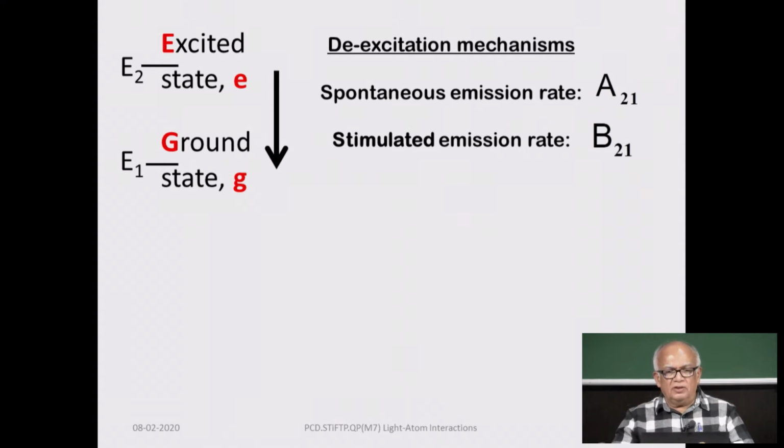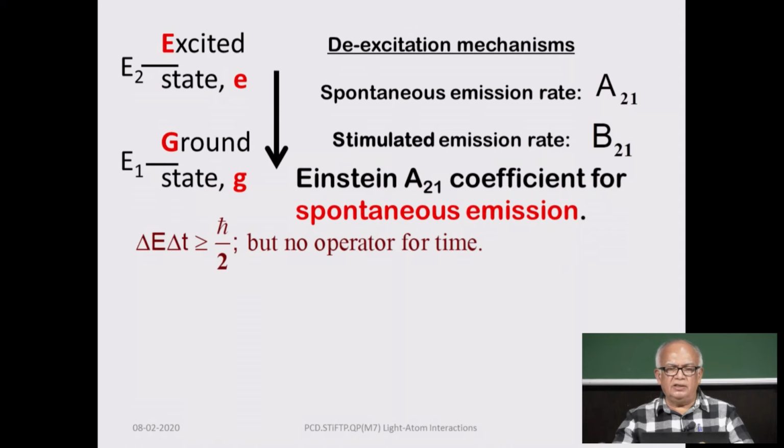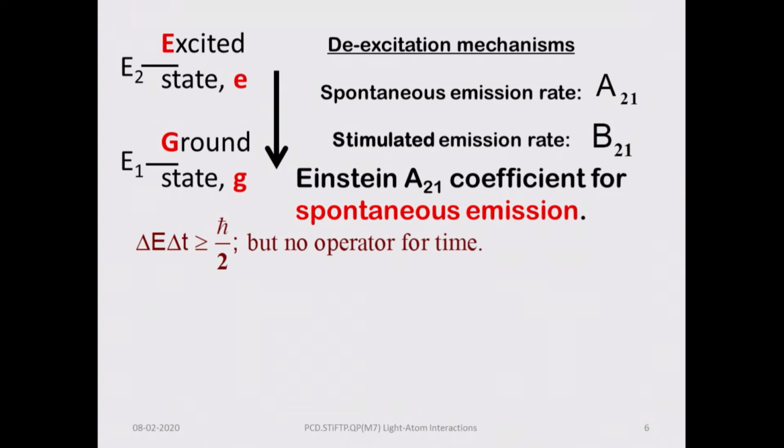Okay. So, one is the spontaneous emission and the other is the stimulated emission. The spontaneous emission takes place because the excited state is typically not very sharp. If it were sharp, the atom would not ever get de-excited.